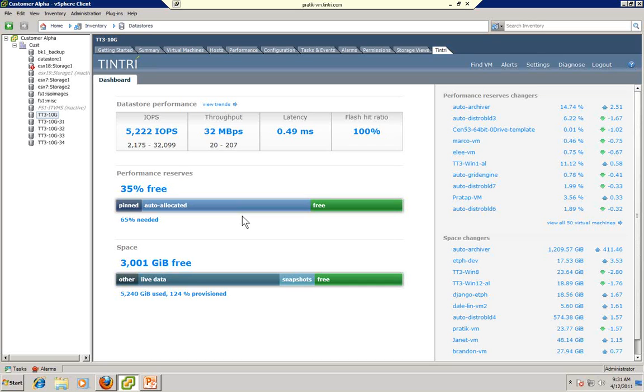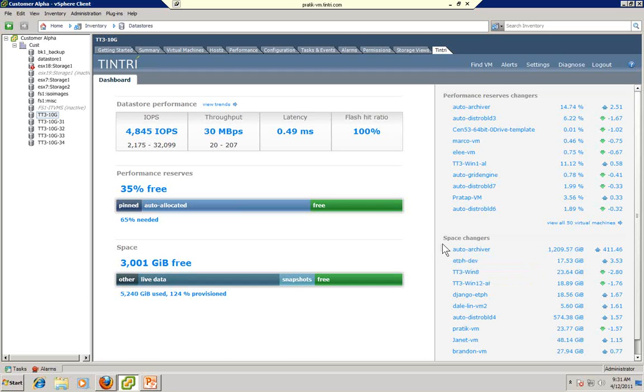This number is calculated from a proprietary set of algorithms that measure VM performance over a multi-hour window, and include, among other things, the working set of the VM, throughput, flash usage, and disk I/O utilization. The right-hand side shows you which VMs are busier than usual from 2 perspectives, from a space perspective and from a performance perspective.